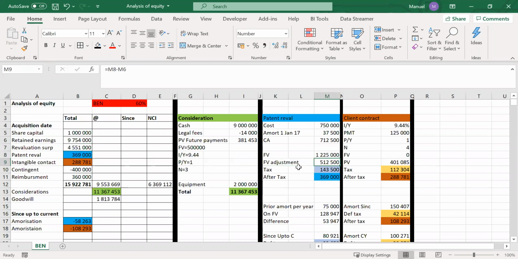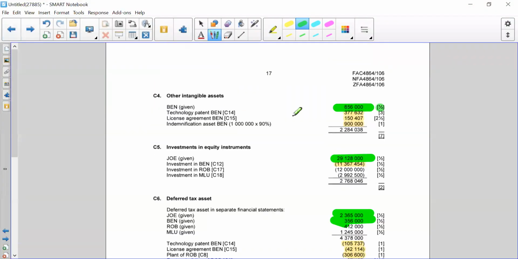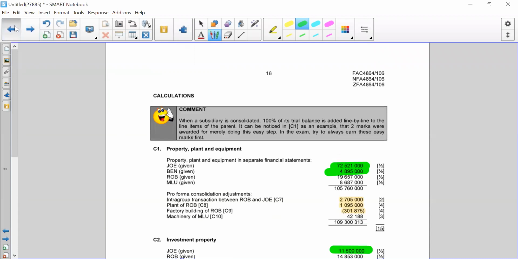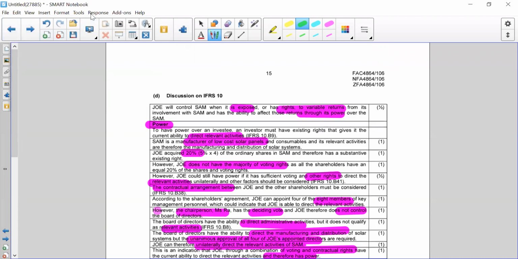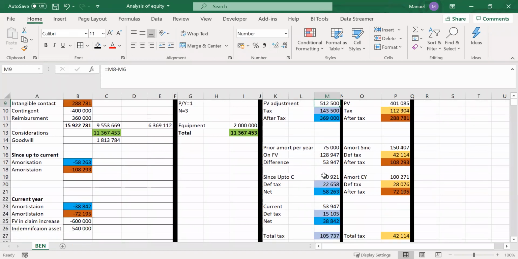So you know that you're going to eliminate the 369, but the contra to that is going to be the asset as well as the deferred tax. So let's go adjust the asset, 512,500. Okay, so it's 512, but just something we need to take into account, guys: there is a fair value adjustment, but there's then going to be the amortization as well.